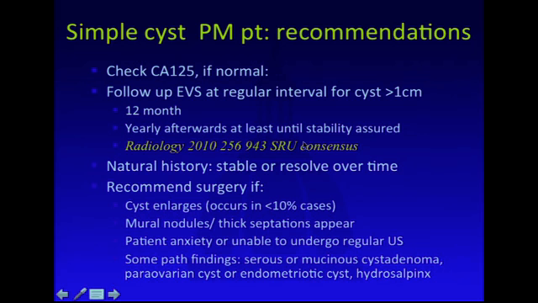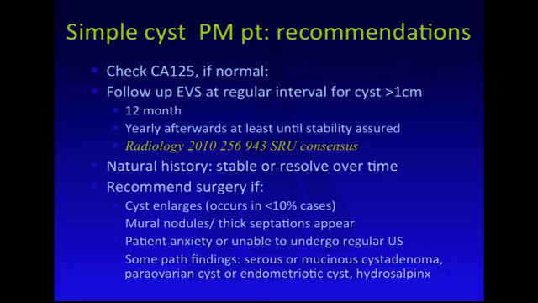And again, this is in the SRU consensus paper from radiology in 2010. Because the natural history of these cysts is that they stabilize or resolve over time. Now, in the follow-up study, you have to recommend surgery if the cyst enlarges, which is not that common. In the Kentucky study, it occurred in less than 10% of their cases.